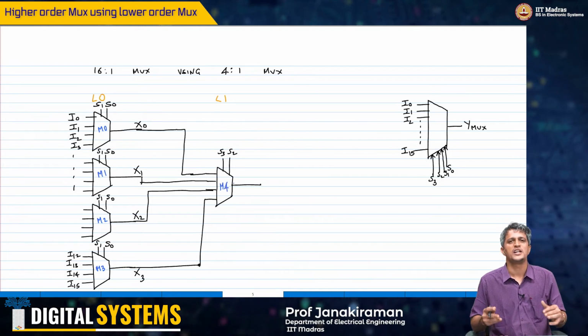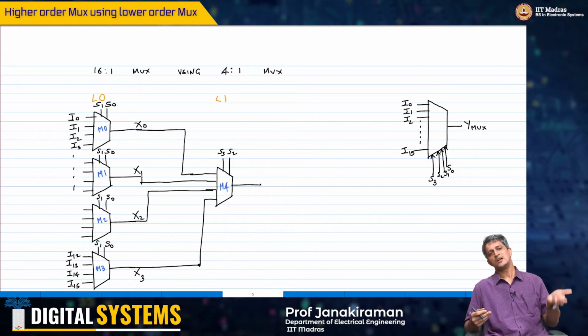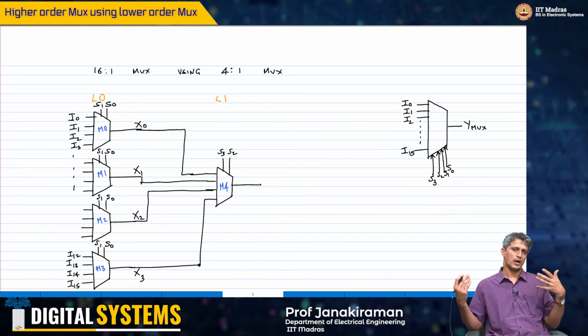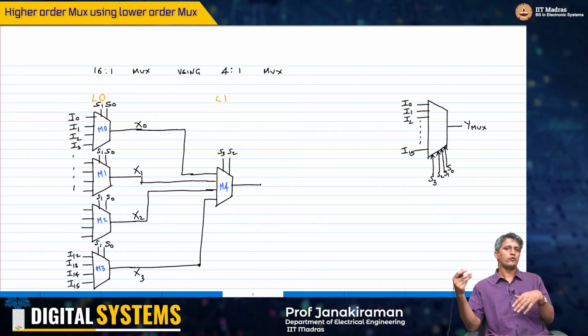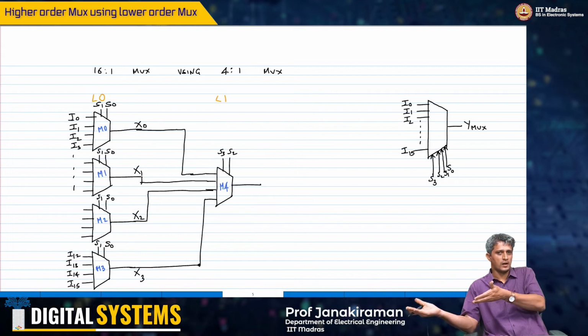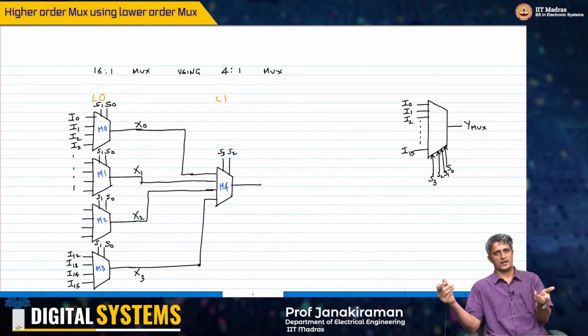So, with just 5 4:1 multiplexers, we were able to implement a 16:1 multiplexer. So now you can make a very similar calculation if you were to implement a 64:1 multiplexer, or if you were to implement a 128:1 multiplexer.